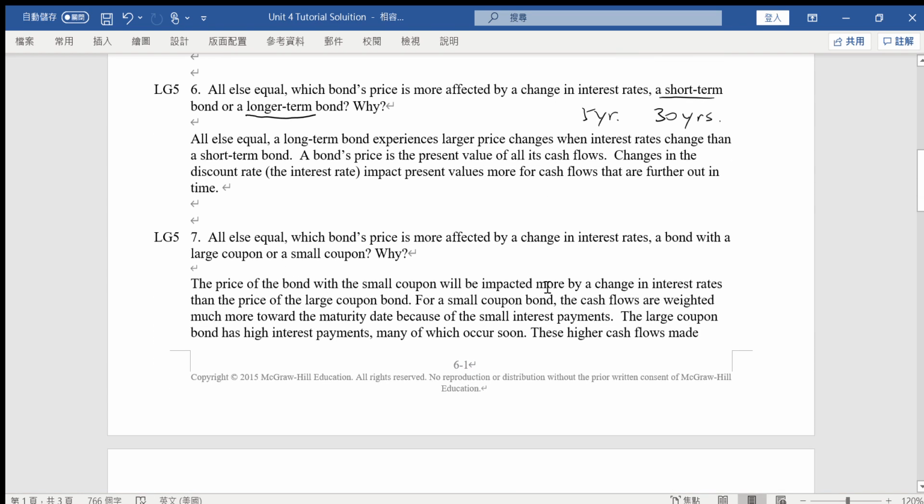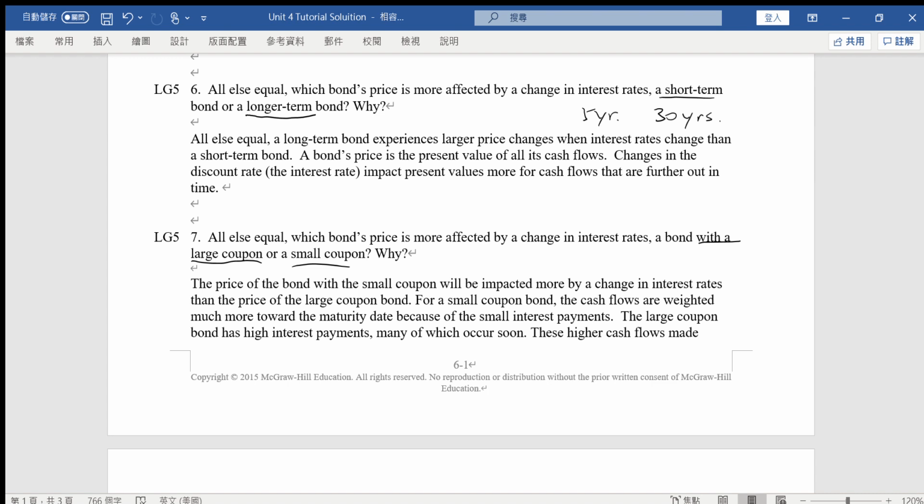Then the other one is a very similar question, but this one focuses on the rate rather than the time of the bond. Also a similar question, all things being equal: which bond type will be affected by a change in the interest rate? This time it mentions a large coupon rate or a small coupon rate, and the same thing, you should define what is a large coupon rate and a small coupon rate.